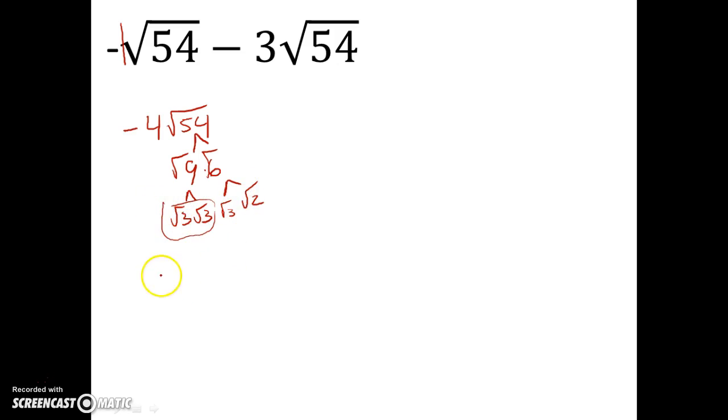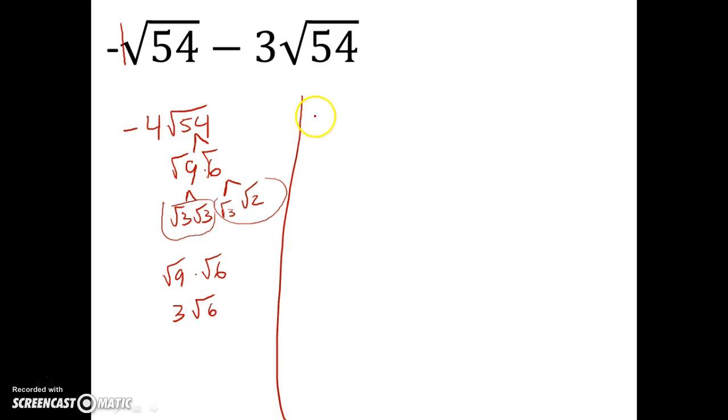These will become square root of 9. These will become square root of 6. And I get 3 root 6 as my factor. So when I put it back in, I have negative 4, the original, times 3 root 6. And I end up with negative 12 root 6 as my final answer.